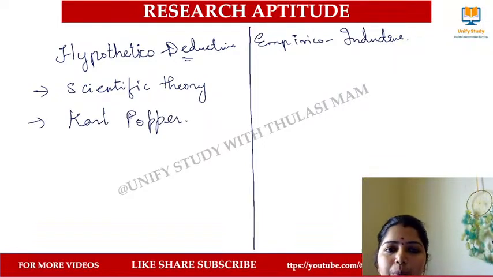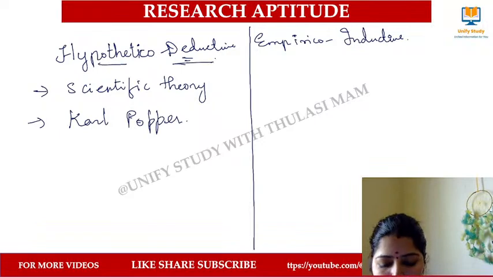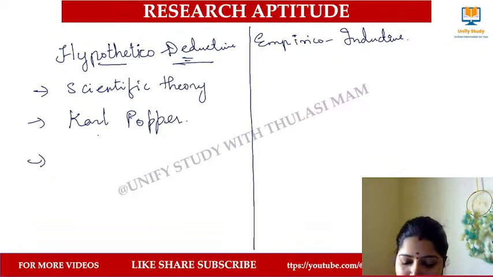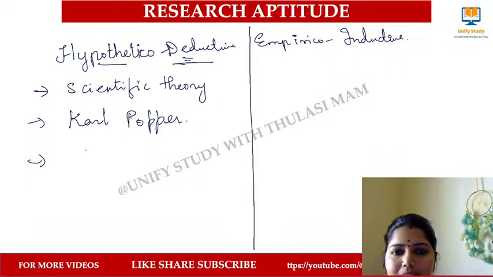He is the person who proposed this hypothetico-deductive approach. He stated that all the observation that has been made, the output has been made, it has been from the observations. This method we call it as hypothetico-deductive approach. Note it down.